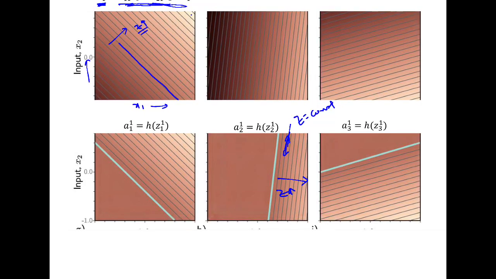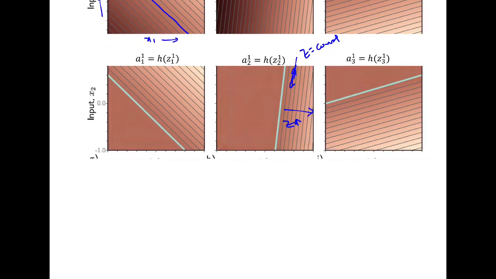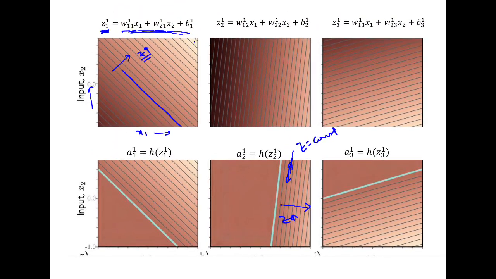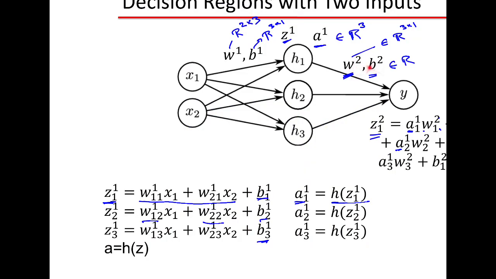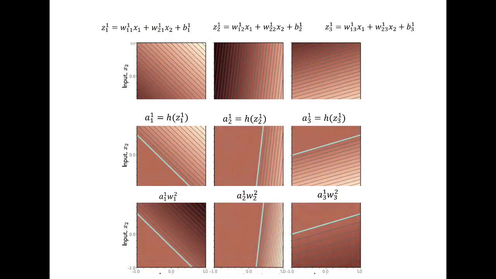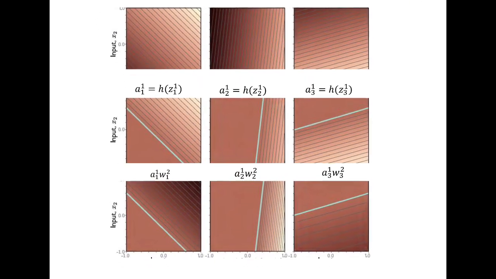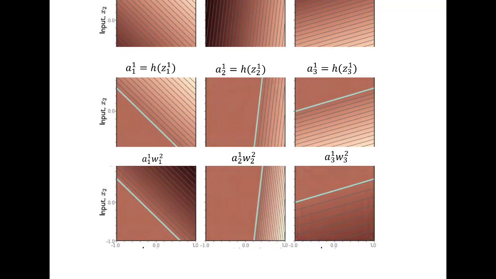Now we add these two in the second layer with some weights, and we add another bias term here. So what happens? I apply a weight to the activation of the first neuron. The weight could be positive, negative, small, or large. Depending upon the weight, here these lines are a bit far away, but here the lines are closer.